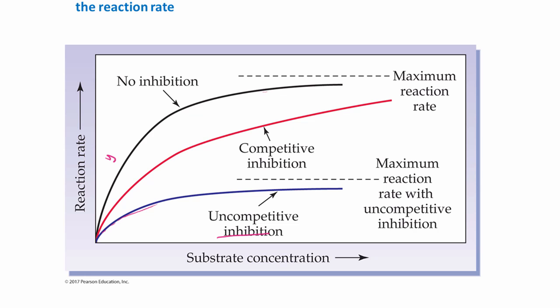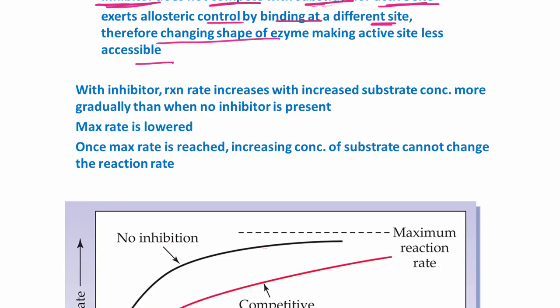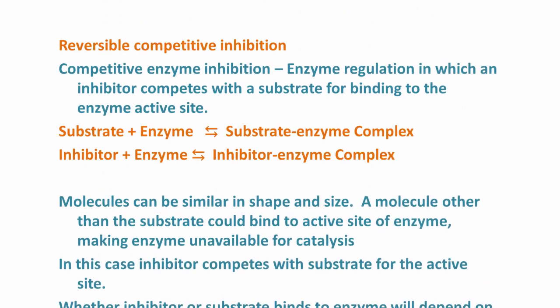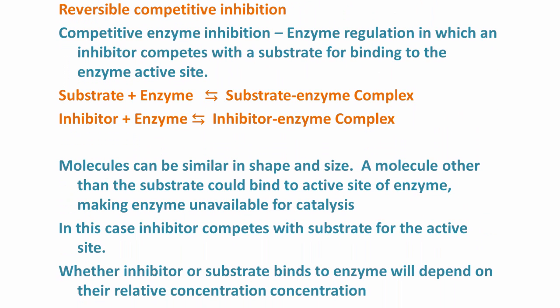Next, let's talk a little bit about reversible competitive inhibition. Then we'll go back to this chart here. So reversible competitive inhibition, or competitive enzyme inhibition, is enzyme regulation in which an inhibitor competes with a substrate for binding to the enzyme active site.